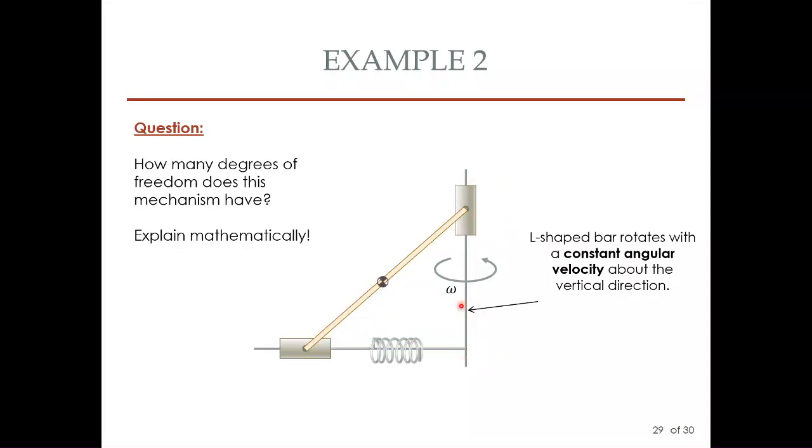Let's say if this is massless and this thing just does this rotation, you can even ignore that, because you know exactly how to represent the position of every point here over time. You know how to explicitly present the configuration of this L-shaped bar. So it's just a matter of looking at the clock, what is the time, and according to the time you know where this L-shaped bar is.